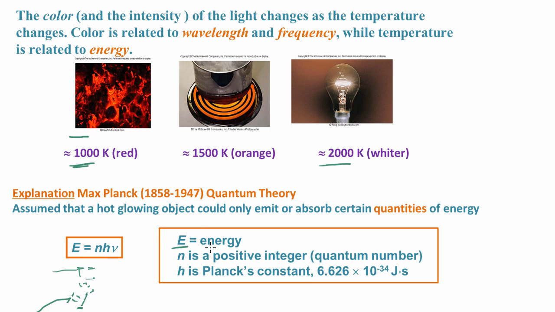Capital E is the energy, N is a positive integer, it can be 1, 2, 3, 4, and so on, and h is a proportionality constant called Planck's constant, equal to 6.626 times 10 to the negative 34 joule-seconds.